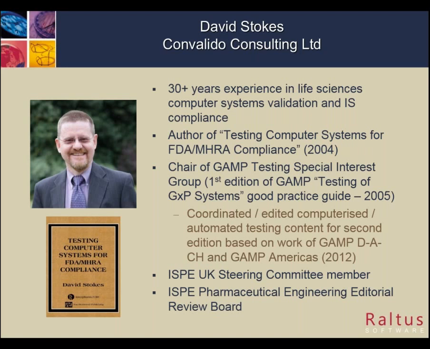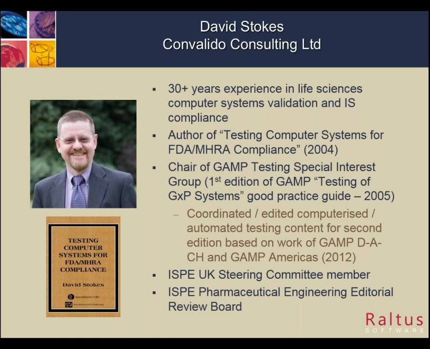That led to an interest through GAMP, which I'm sure many of you have heard of. I wrote a supplier guide for testing before suppliers were actually allowed to join ISPE GAMP. I wrote a book on the topic, and then that led to work with the special interest group within GAMP on testing of GxP systems. I chaired the team who wrote the first version of that guide, and then as we refreshed that guide a few years ago, we were asked to look specifically at automated testing, the computer-based test tools.